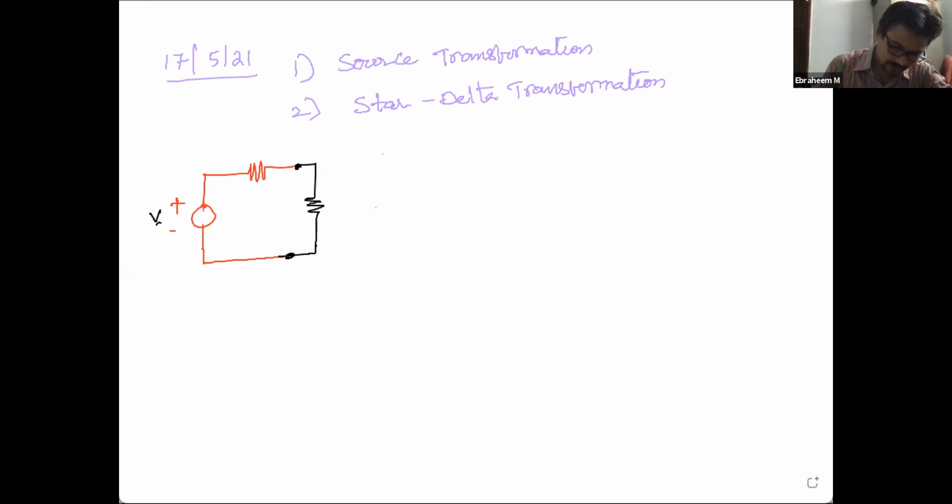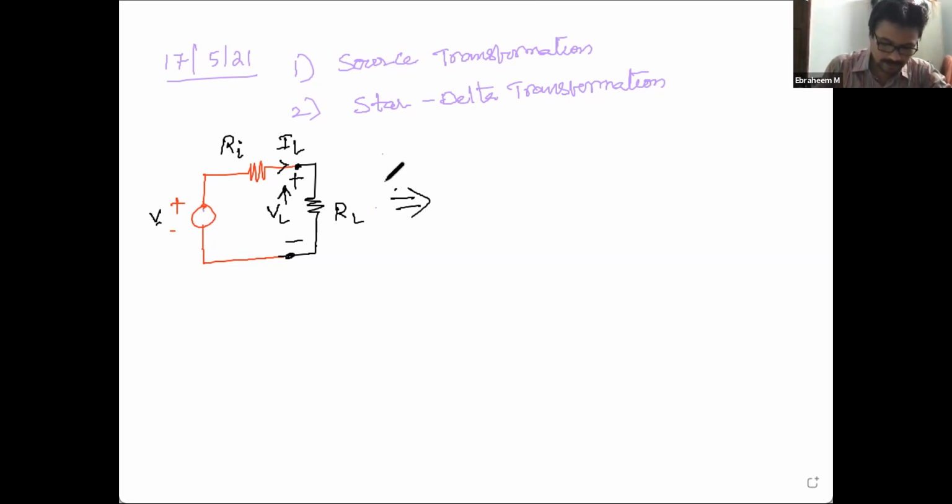Source voltage, internal resistance, and this is the load resistance. The voltage across the load is V suffix L, and the current that flows into the load is IL.